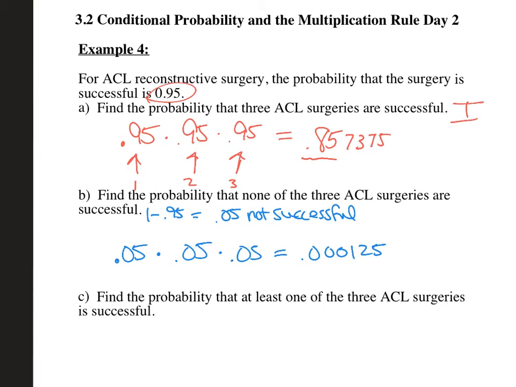Okay. All right. Find the probability that at least one of the 3 ACL surgeries is successful. When you do this, to find that probability, there's a sentence that's going to sum it up at the end of the notes. At least one is going to be 1, meaning 100%, minus the probability that none of the 3 are successful.